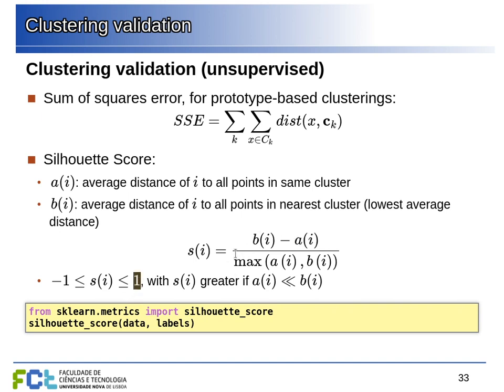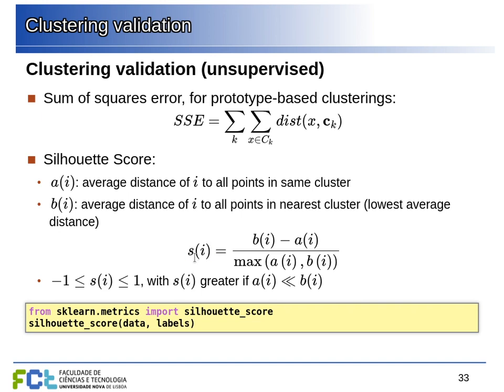This would be the maximum possible value. On the other hand, if the distance to points in the same cluster is larger than the distance to points in the nearest cluster, this expression will be negative, and so we will have a negative silhouette score. Basically, if we have very tight clusters that are well separated, the silhouette score will tend to be high.